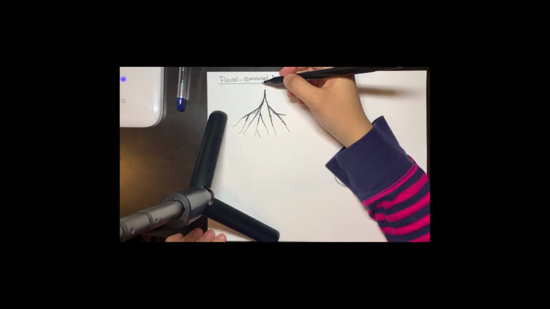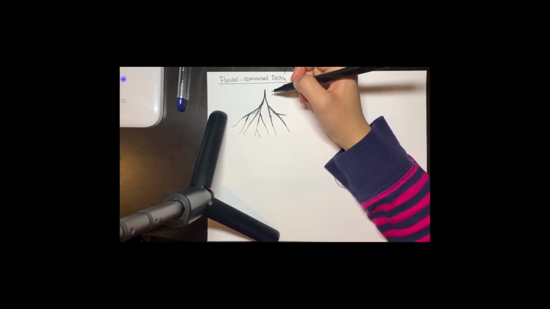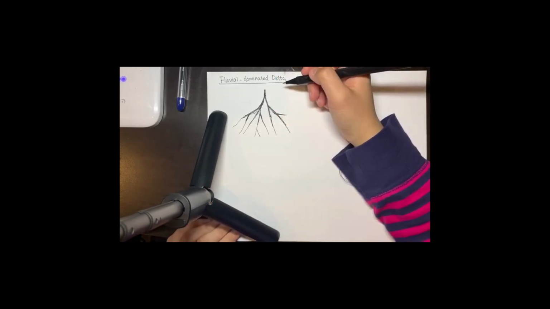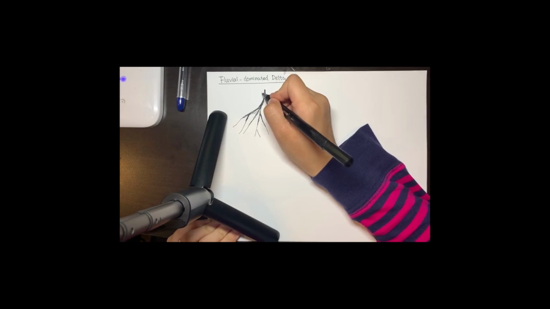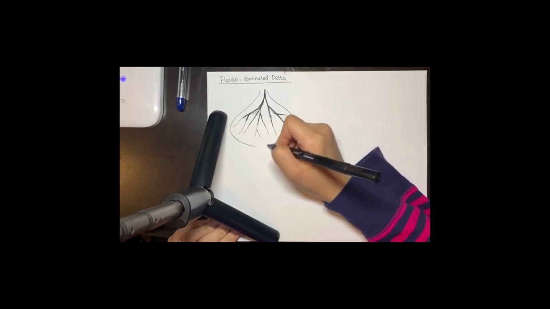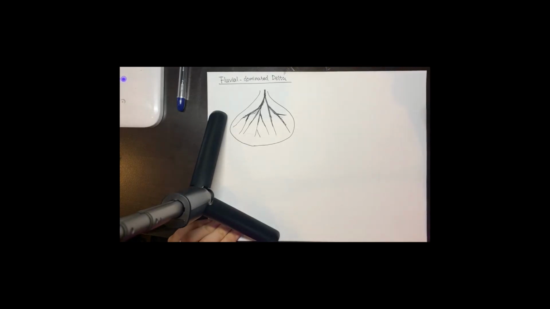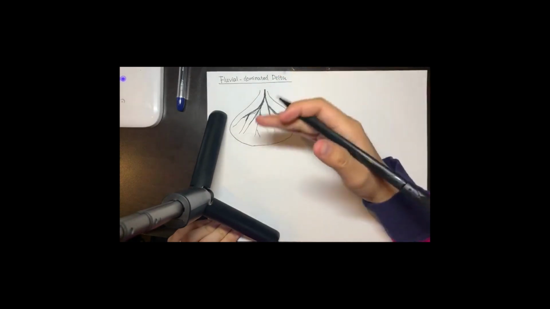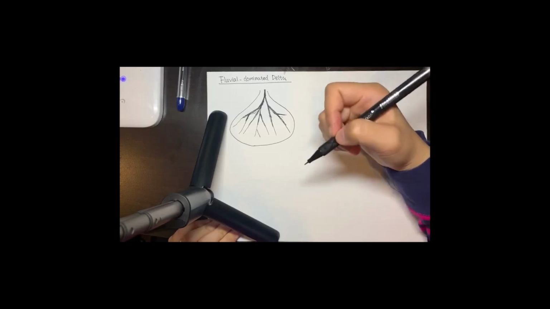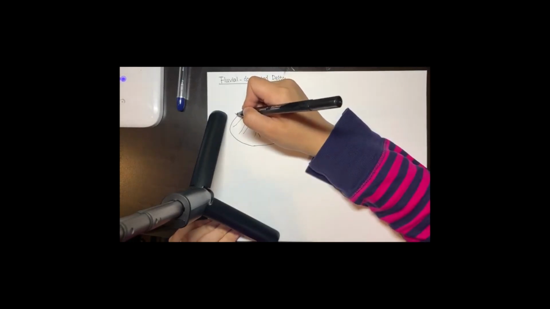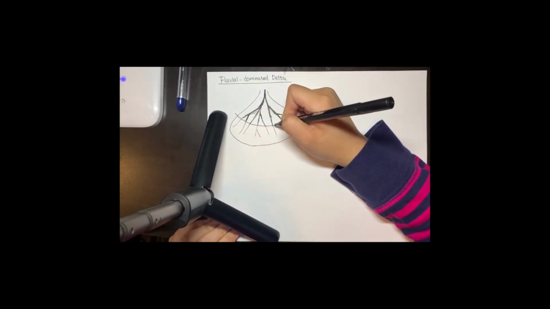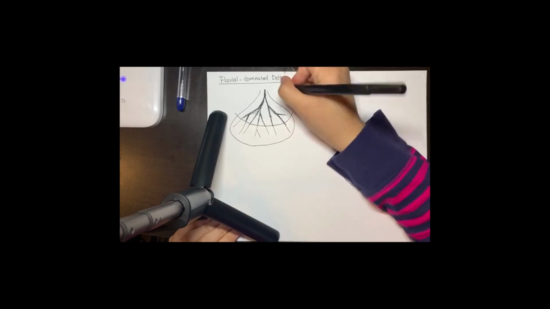So if this is the river that enters the delta area, then we're expecting the deposit to be in a generally fan shape like this. The delta has different sub-environments. The area that is always exposed to the air is called the delta plain.